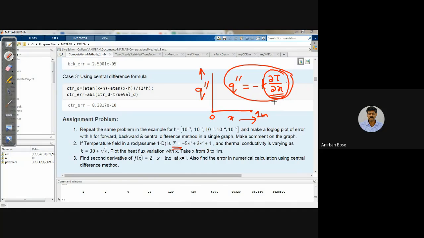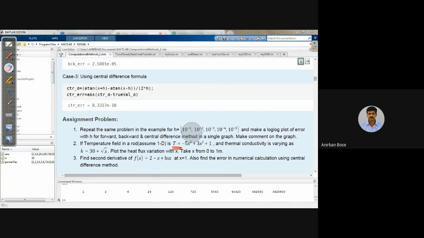So how can we do that? Let us observe it. The first part is very simple. What is the actual value, without any numerical method? The actual value part is very simple, because you know the value of k and you know the temperature.